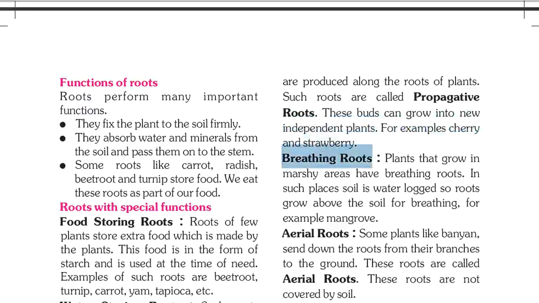Breathing roots. Plants that grow in marshy areas have breathing roots. In such places, soil is waterlogged, so roots grow above the soil for breathing. For example, mangrove.